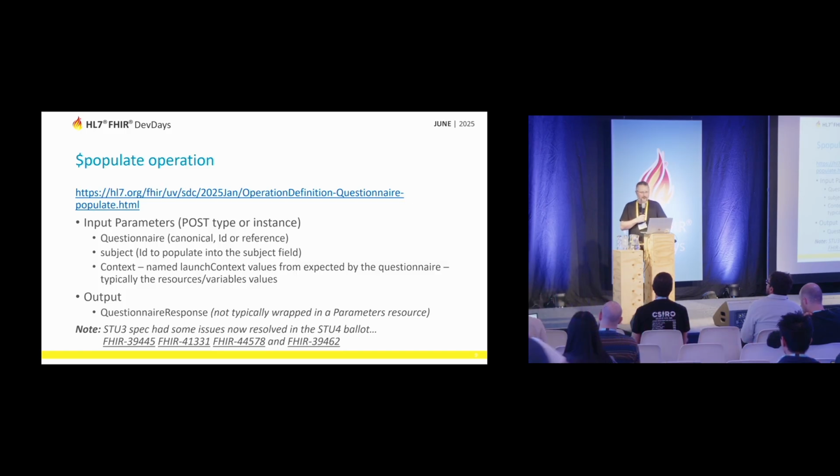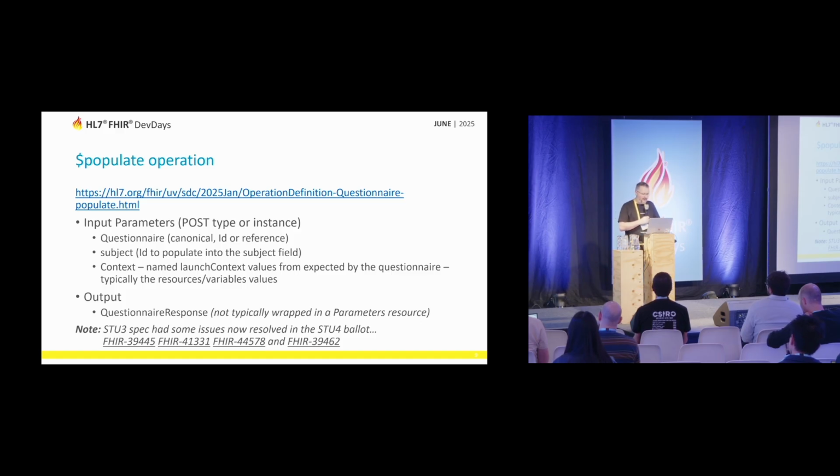So you've got some choices on how to initiate that populate. The subject, or the ID of the patient that's going to be populated, and then any launch context items. And then you get back your questionnaire response. And there's a note there: not typically wrapped in a parameters resource, but it could be. So that's kind of interesting.